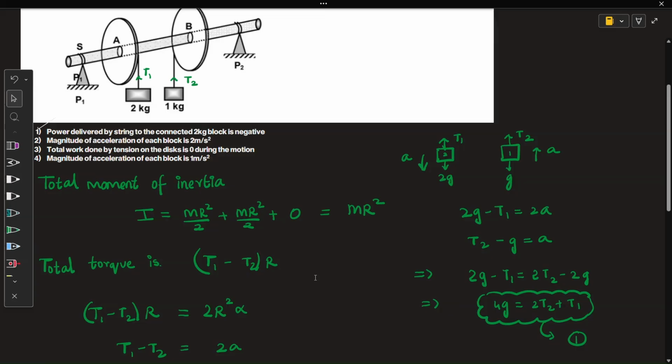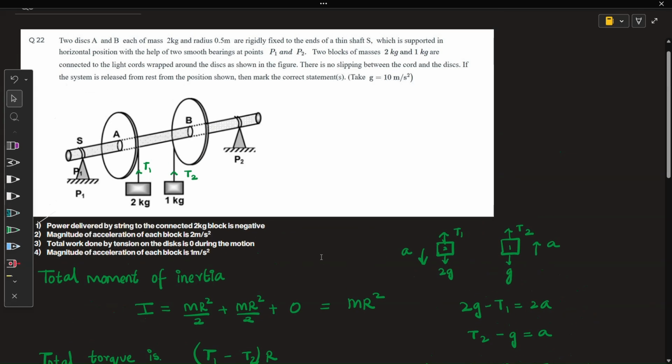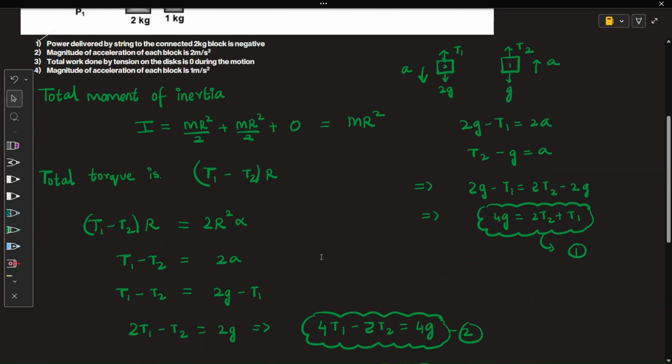To find the acceleration, we want at least one of these, that is T1 or T2. We have a relation between them. So let's go to the next equation, which is the torque equation. The total torque is (T1 minus T2) into R, which is nothing but mr square, so m is 2 and r square, into alpha, I alpha. So R gets cancelled and R alpha is nothing but a. So T1 minus T2 is 2a, and T1 minus T2 is 2g minus T1 from this equation.